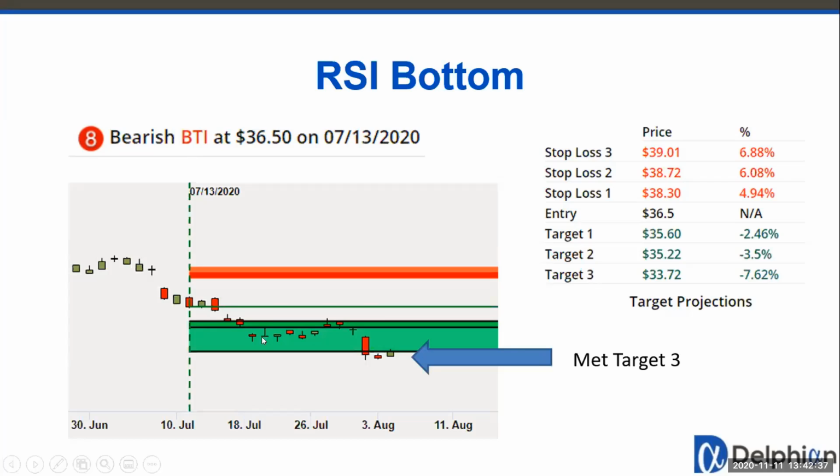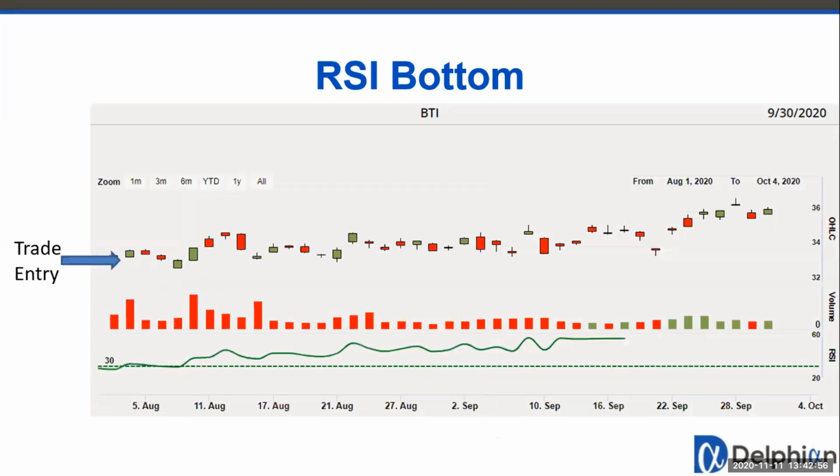The typical pattern would be for it not to hit that 3, but get close to it and then turn around. But this one did hit 3. After it hit that 3, once we got that RSI cross, that was our trade entry. So here's our trade entry, and then it shows the following couple of months after.